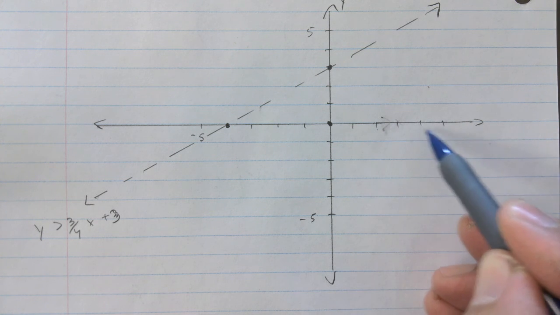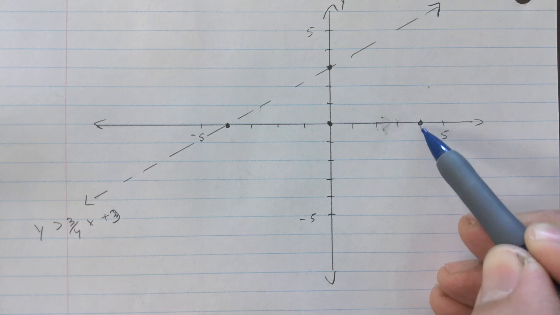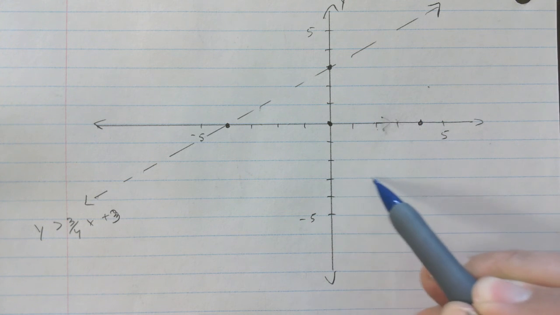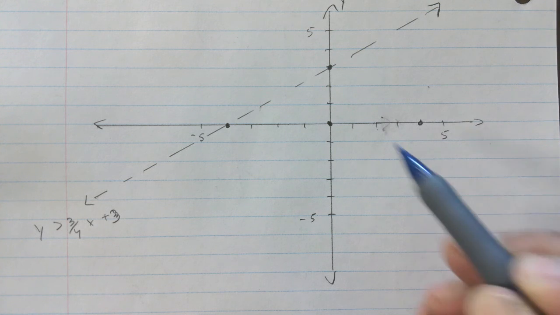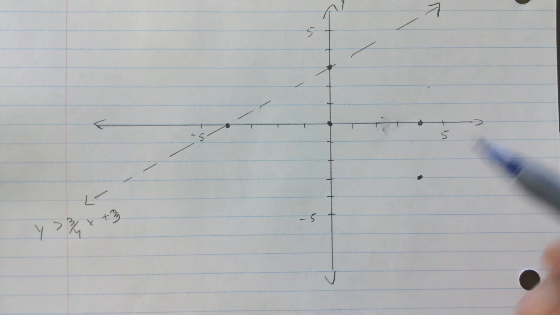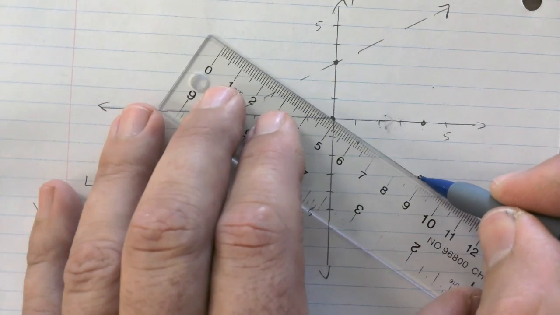So 2, 4, 5 there. So 4 zeros, right? Sorry, 4, 3. 4, -3 is right here. Right there. You got it? So 0, 0, and 4, 3 is there. Or -3, I should say, and that is a dashed.